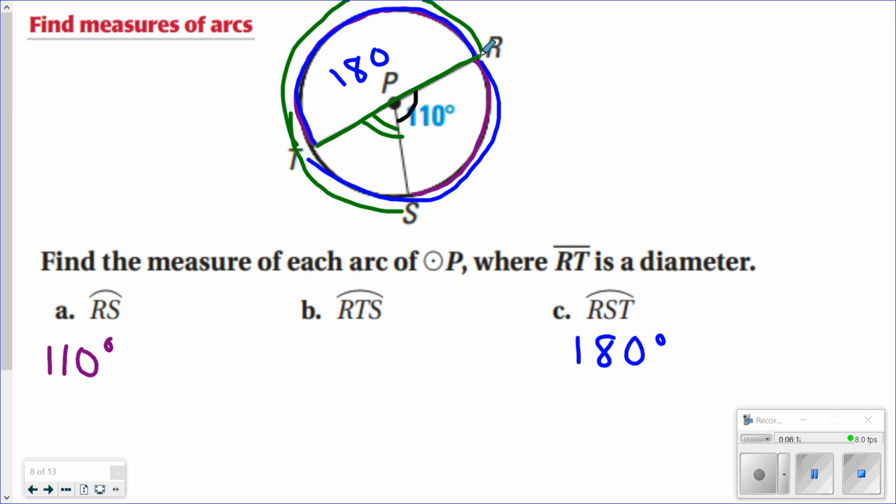If we know that part of that diameter or that semicircle is 110, when we add those up, we get 180. So that means that this little sliver has to equal 70. So that means that this part of the arc is going to equal 70. So to figure out the measure of arc RTS, I'm going to do 180 plus 70. Add those up, we get 250.